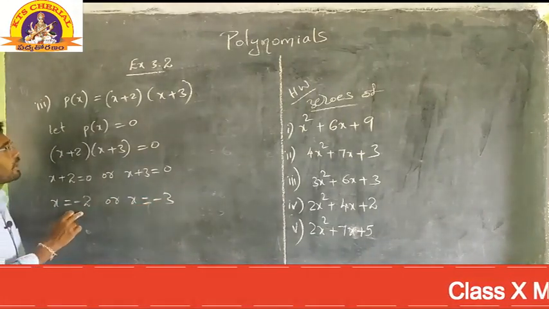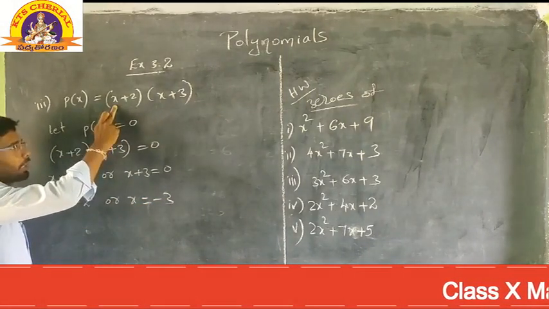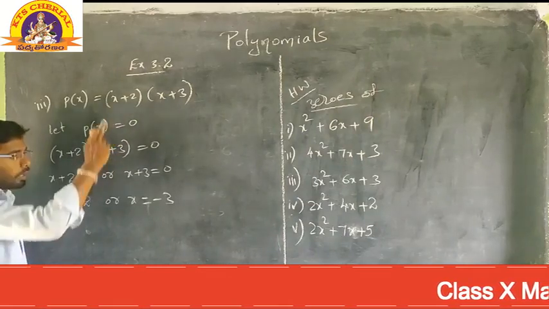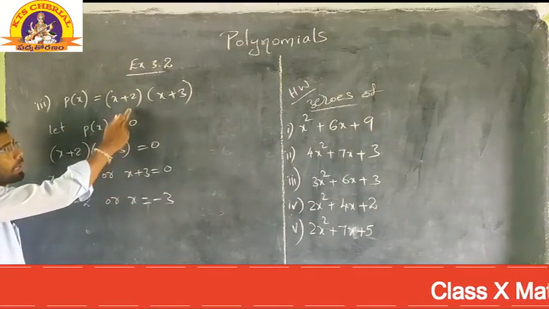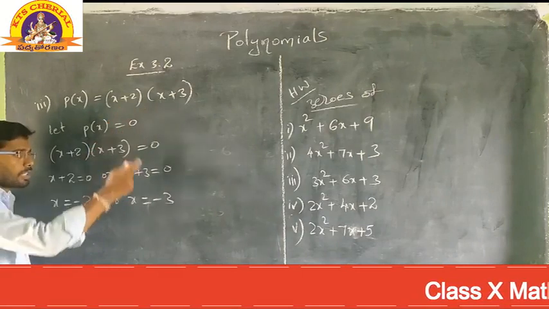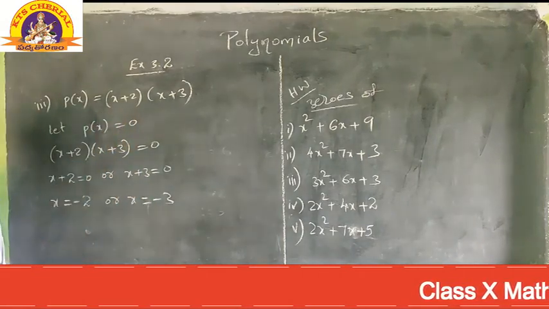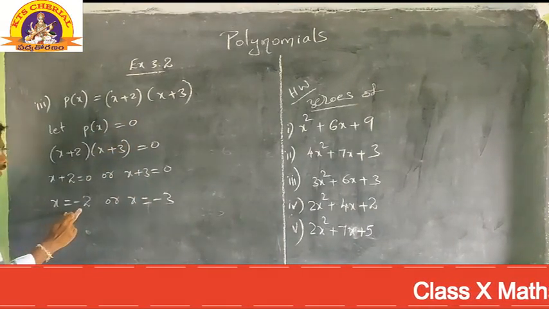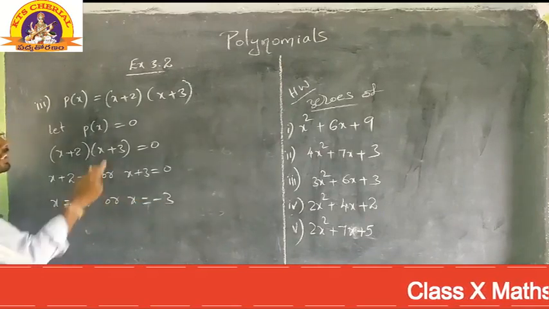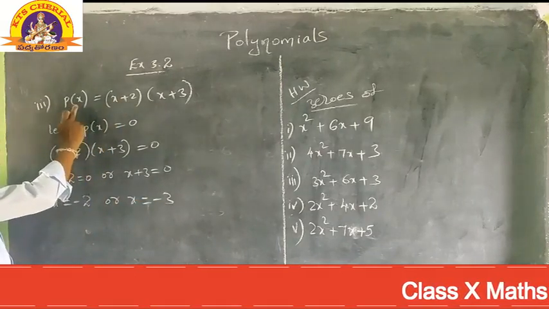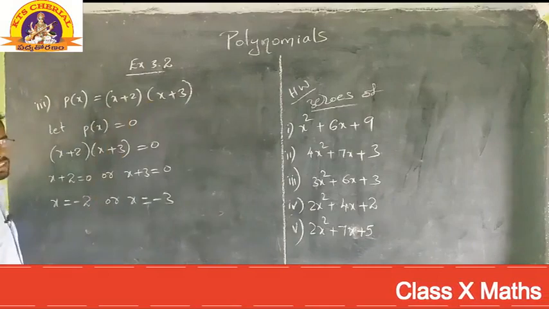What is the meaning of this? If you substitute x equals minus 2, its value is becoming 0, and if you substitute x equals minus 3 in the given polynomial, its value is also becoming 0. That's why minus 2 and minus 3 are the zeros of the polynomial P of x equals (x plus 2) into (x plus 3).